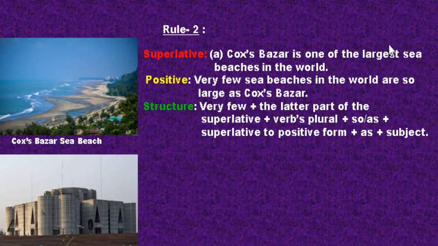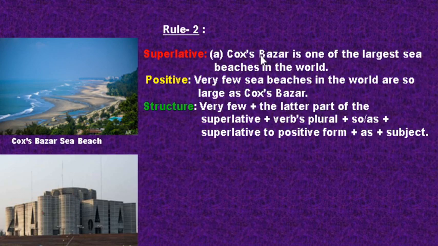And here is the most important thing for you. When you see very few, the verb will not be singular. The verb will be plural, that is are. Very few sea beaches in the world are so large as Cox's Bazar, and the previous rule will be maintained here.